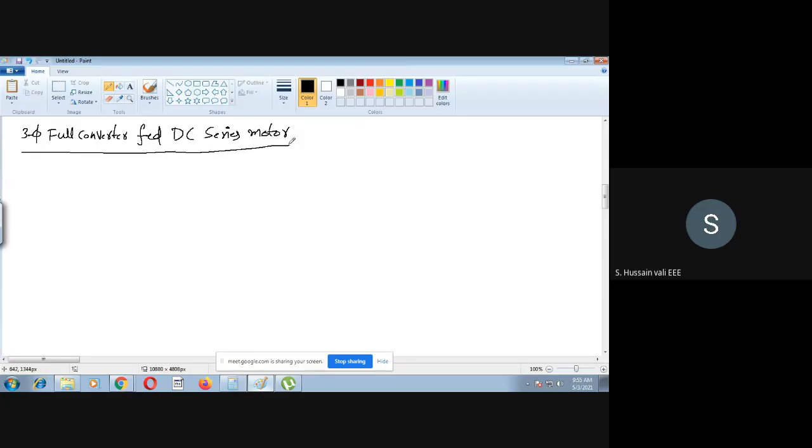So what is the circuit diagram? The circuit diagram will be drawn here. You have all six thyristors. That's the only difference you'll find out. And there is no freewheeling diode, unlike in the semiconverter. Okay.